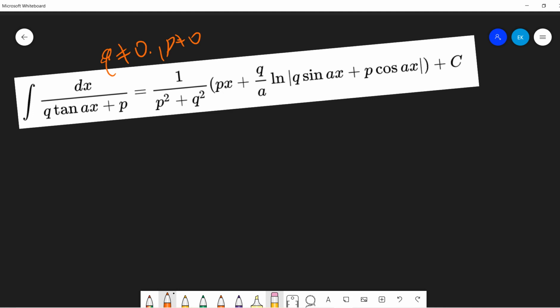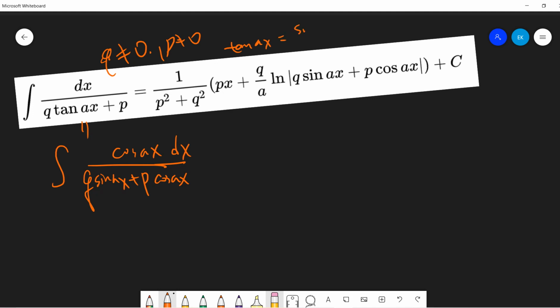Okay, so today we are just trying to solve this one. So q should not be zero, p should not be zero. I think one can just easily write this as this one. So basically, I'll just write tangent ax as sine ax divided by cosine ax.